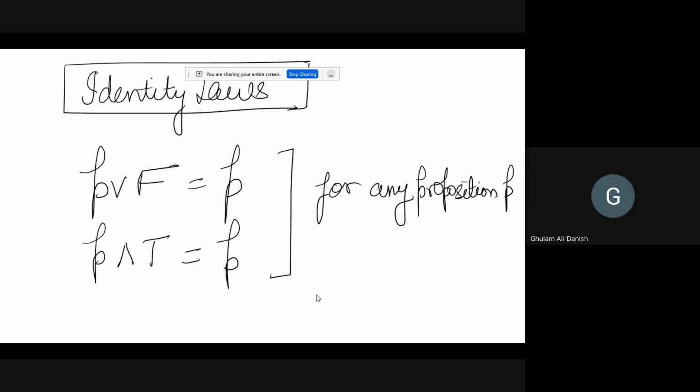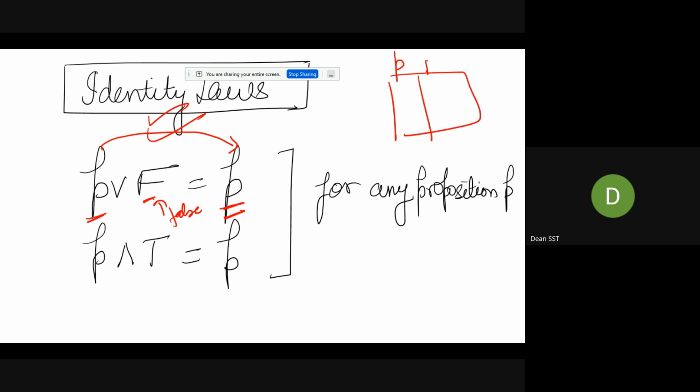Fine. So we have other laws also. One of them is the identity law, where we get the proposition back as the result. How? P or F, where F means a false value. Let us make a table for P and F. Suppose P is 0 or 1; false states 0. When P is 0, the result is 0.